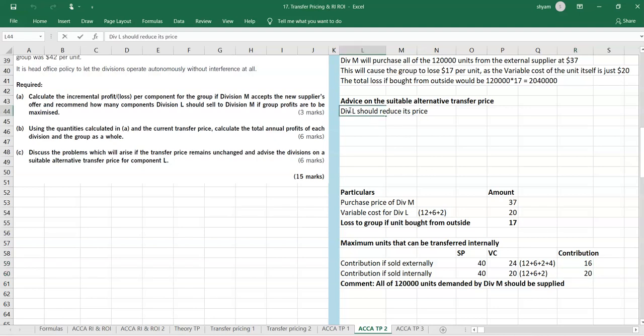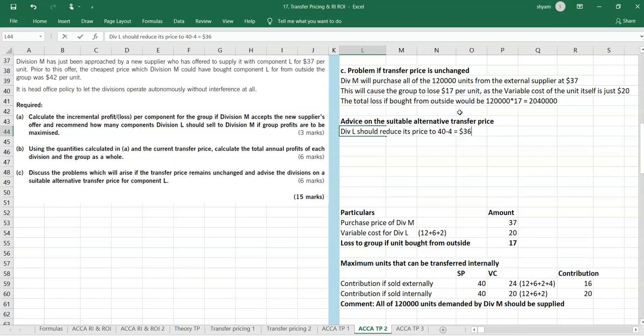So we can put it like this: should reduce its price to 40 minus 4, 36. Okay, to 36 they could reduce. They can reduce to this price. Not should, we can put it as can, because we have to substantiate why.